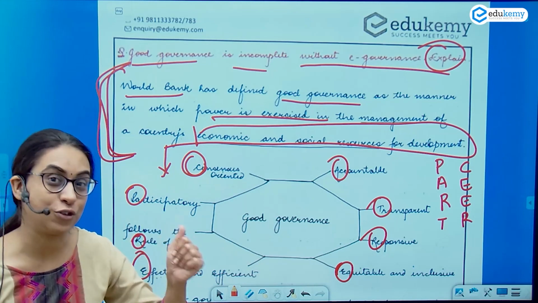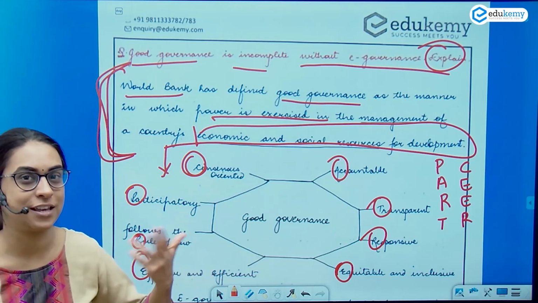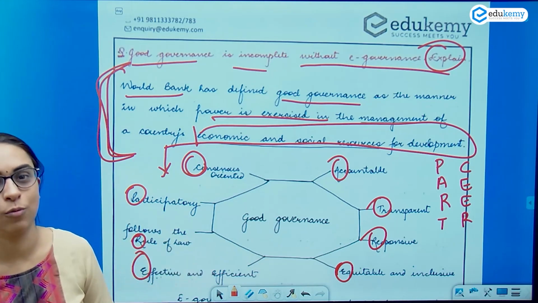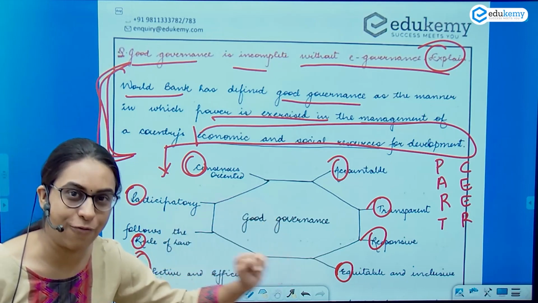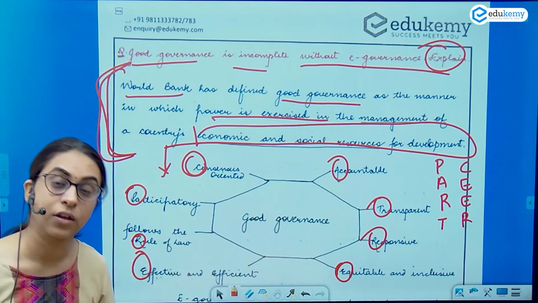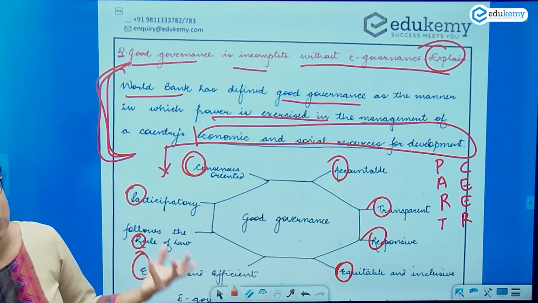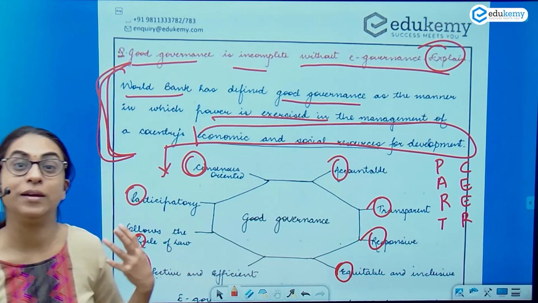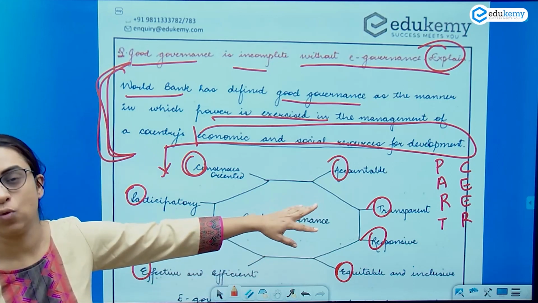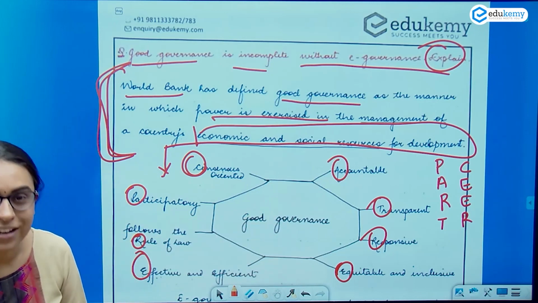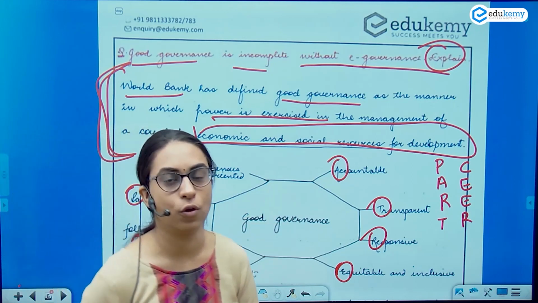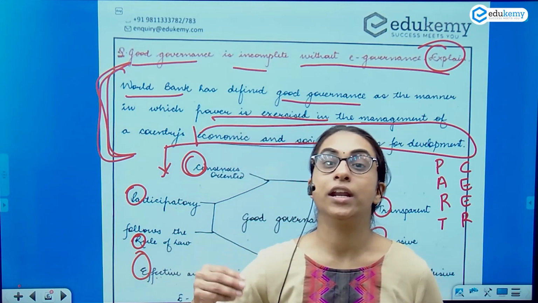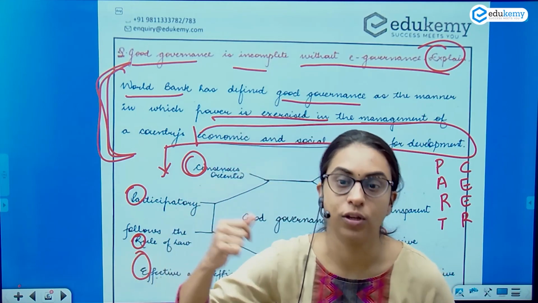Then it should be efficient. We all go for efficiency. Fast governance has become good governance, so it should be efficient. There should be equity. There should be inclusiveness. It should be effective. So for the two Es you can go with any, and R is responsive. Responsiveness means that we are ready to change. We are responsive to change.